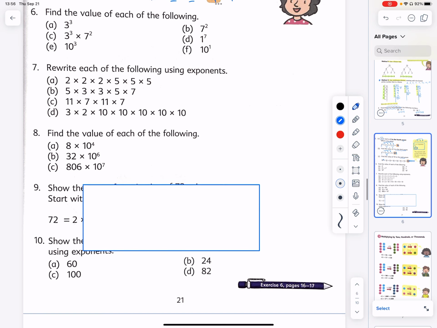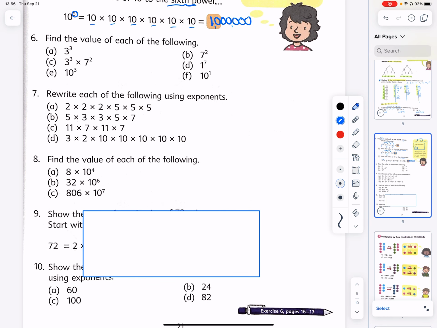So let's look at number 6. Find the value of each of the following. Friends, I suggest you write it out at first. 3 to the power of 3, or 3 to the third power, means multiply 3 by itself 3 times. 7 to the power of 2, multiply 7 by itself 2 times. 3 to the power of 3, by the way, is 27.